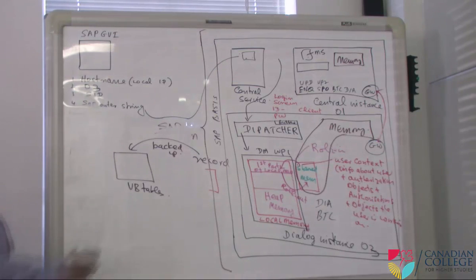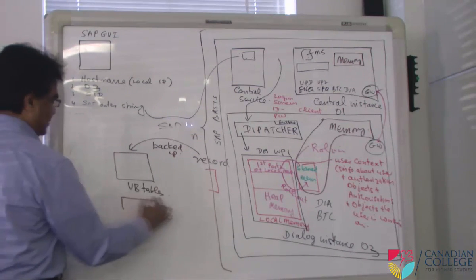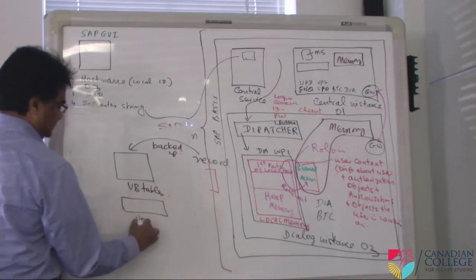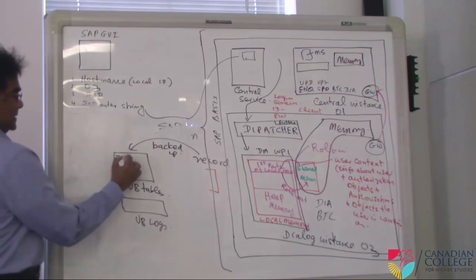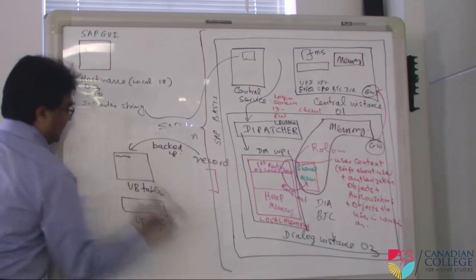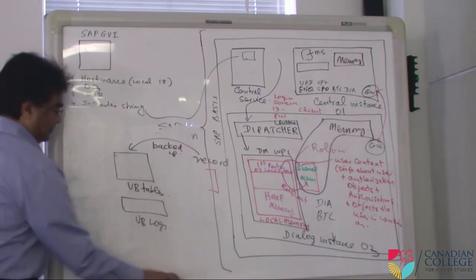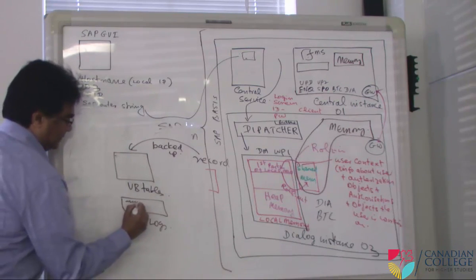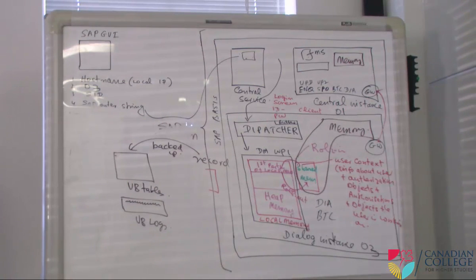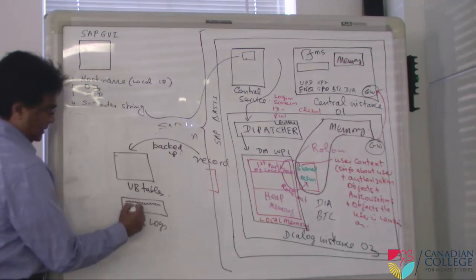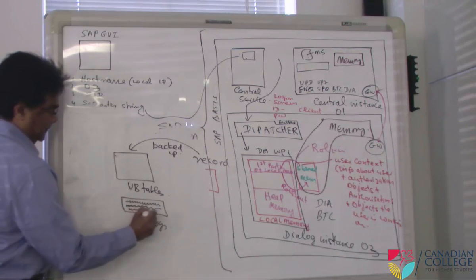Okay, and also there is something here called VB logs. Whenever I am updating a record, what information is updated? That entry is here. What information is updated? That entry is here, okay? So this log table will be getting updated.